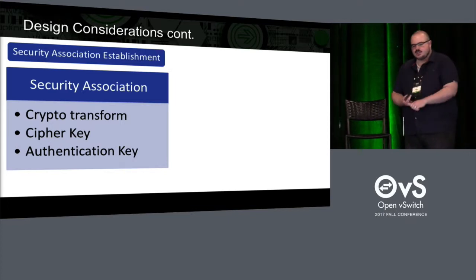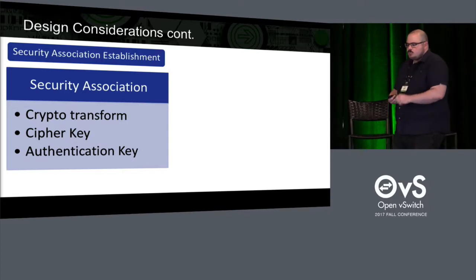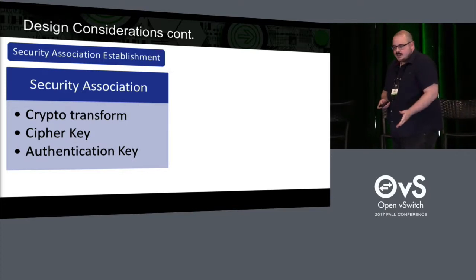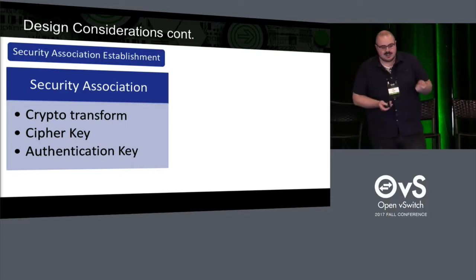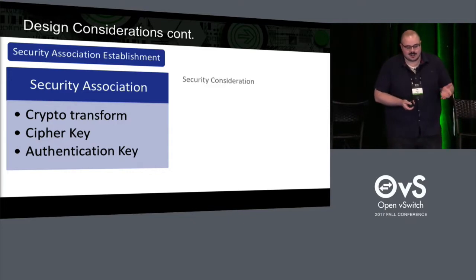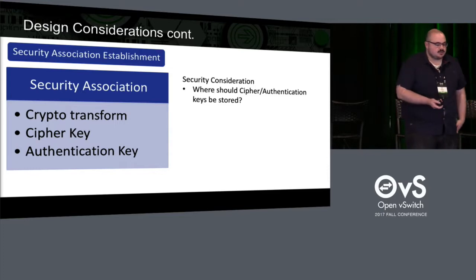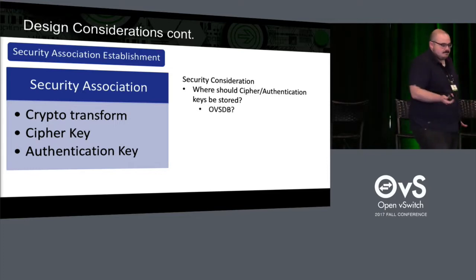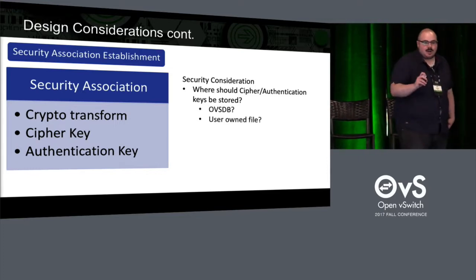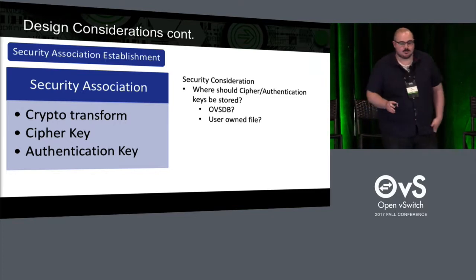What authentication algorithm are you using? What's your cipher key? What's your authentication key? This is really important information, and how do you keep that secure? Where should it actually be stored? Is it okay to put it in the OVS DB? Or is it just something that you put back to a user and say, look, you put it in a file somewhere, you handle security permissions, we'll read it, but really we're going to push back on you.